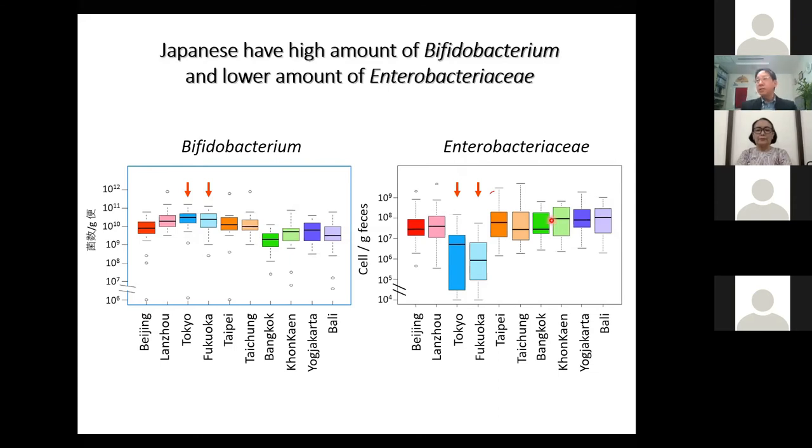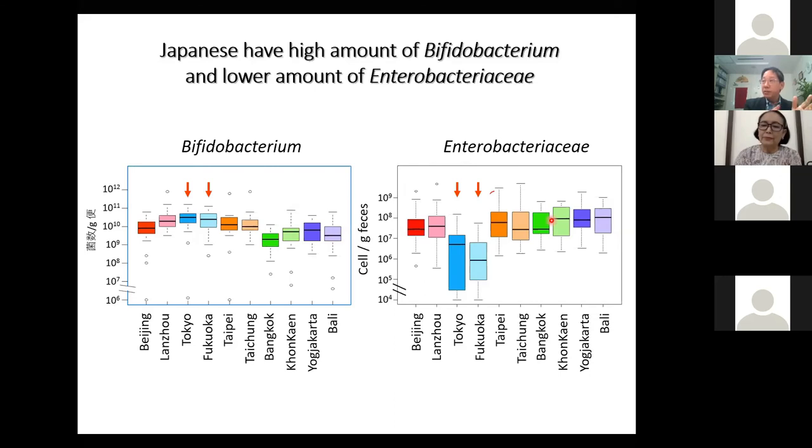Actually, we have an answer why the Japanese people are highly abundant in Bifidobacterium, because one of the scientists in Japan recently published a paper. The Japanese are rich in Bifidobacterium because we are short in the enzyme lactase.